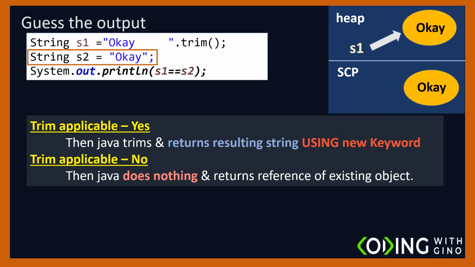So, it deals with the SCP. Is there any string "OK" in SCP with the letter O in uppercase? Yes. S2 hence points to this object in SCP. Now, are S1 and S2 pointing to the same object? No. Output is hence false.